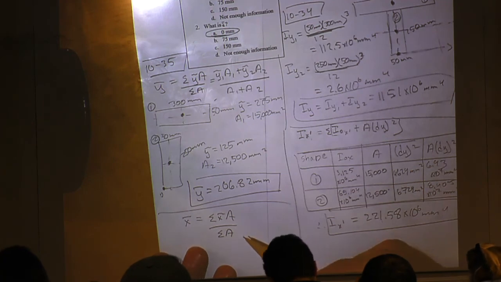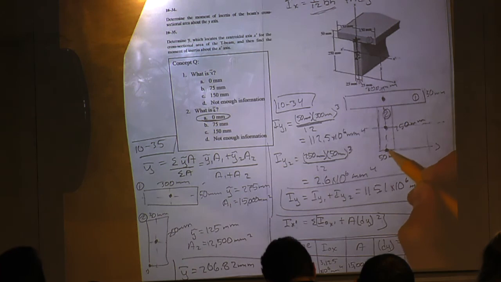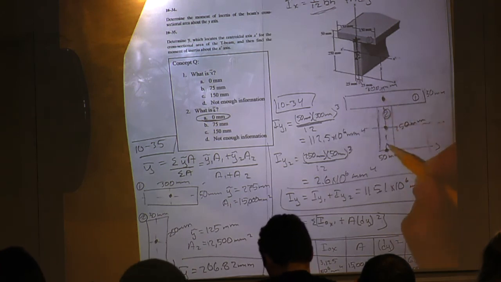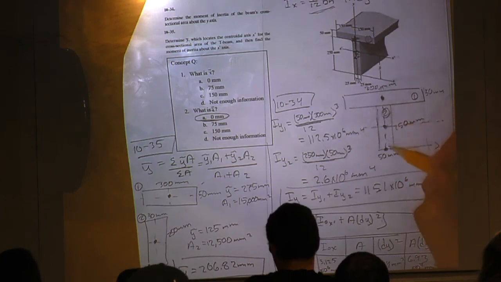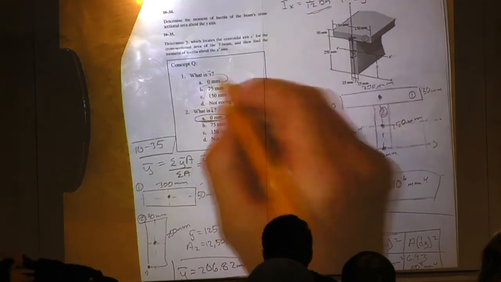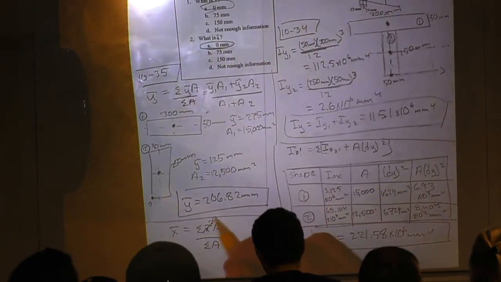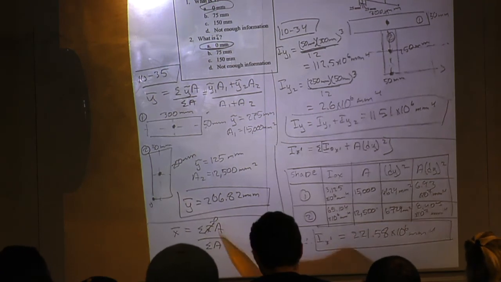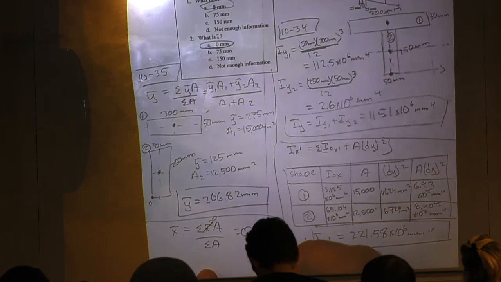In this case, all of the x components of our centroids actually lie along this y-axis. So they're equal to 0 because they have no distance away from the y-axis. Therefore, the centroid is equal to 0. You'll see that because these centroids here would go to 0, and then you're multiplying by 0, and then 0 over A is equal to 0.